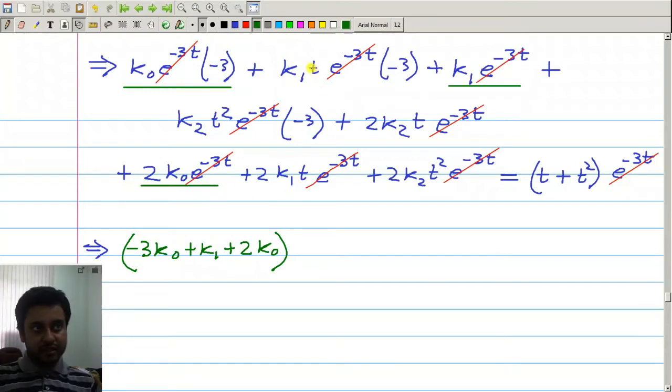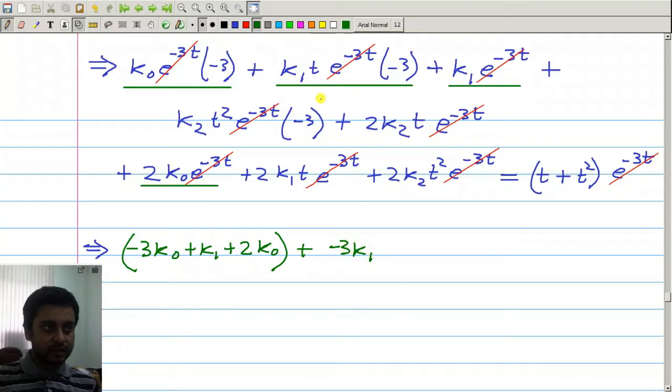Now with t to the power 1 we have minus 3k1, then plus 2k2, and plus 2k1.